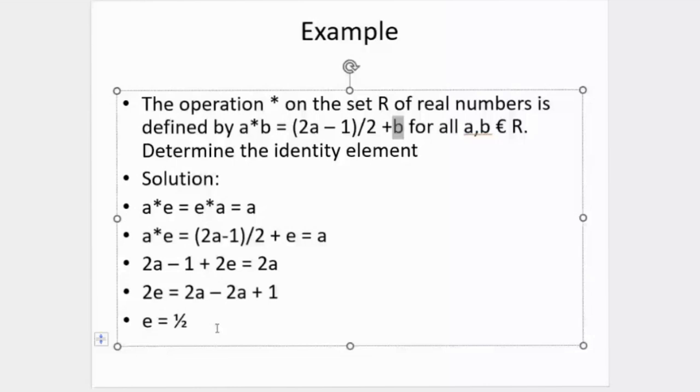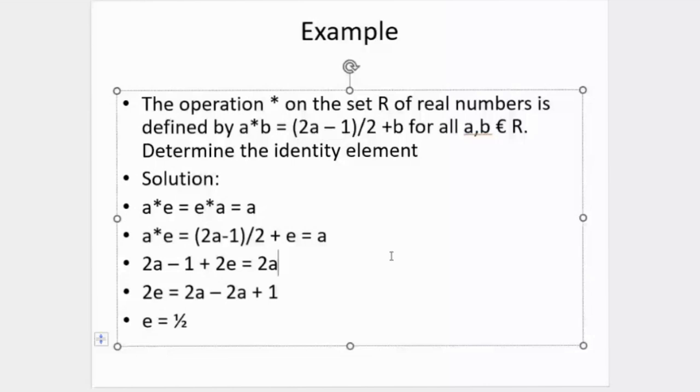Let's do another example, just to be sure that our theory actually works. If I were to put 5, 2 times 5 is going to give me 10. Then minus 1 is going to give me 9 over 2, 4.5, plus E now, which is the identity element, which is half, is going to give me 5. So you see that for this operation, A can be any number in the set of real numbers.